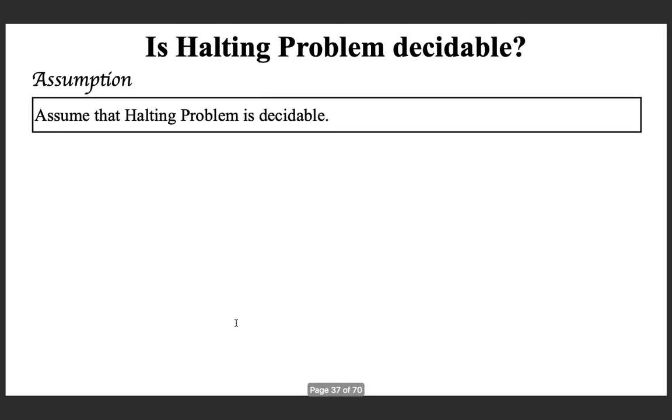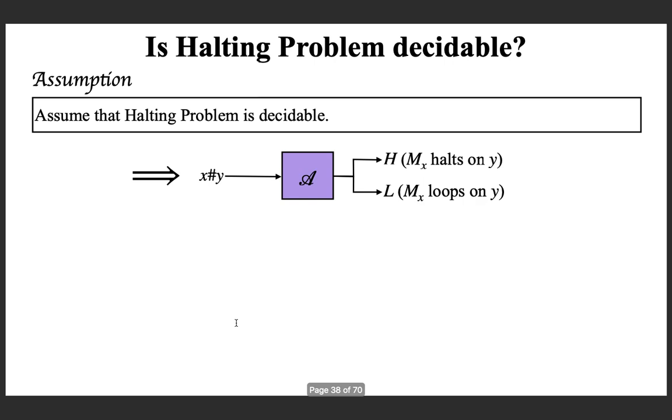So, for the purpose of contradiction, assume that the halting problem is decidable. So, what is the assumption that we made? There exists a total Turing machine A which solves the halting problem. What is it taking as input?